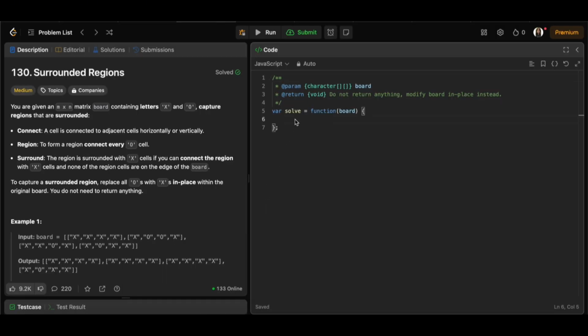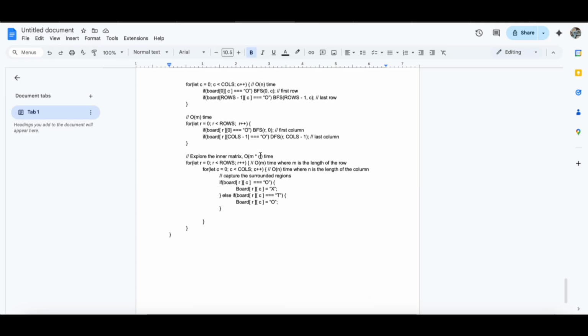Let's take a look, right? First, we need to do const rows is board.length. Const cols is board[0].length. Explore the border region. Can we just copy it? Let's see.